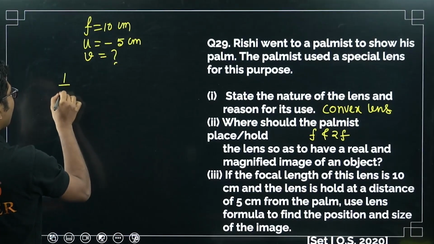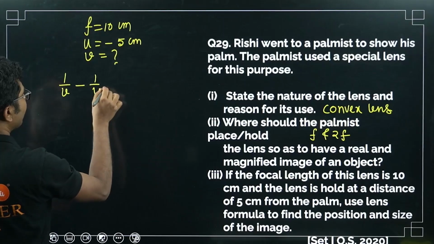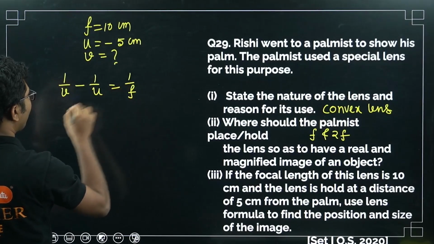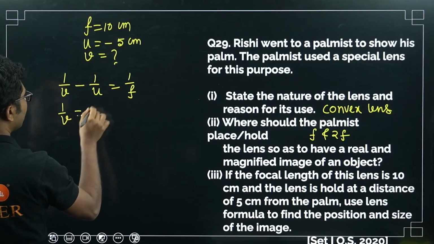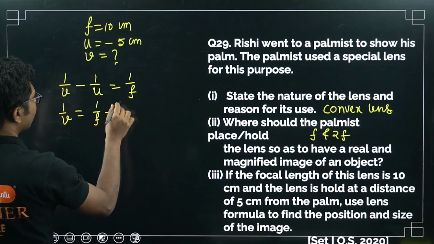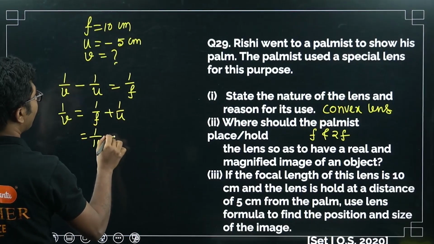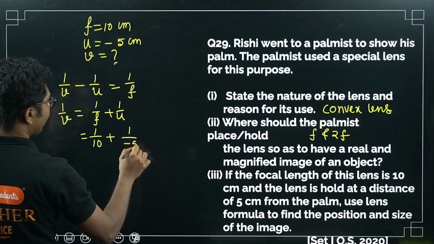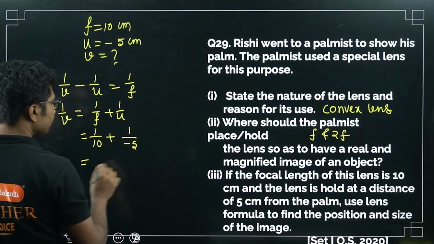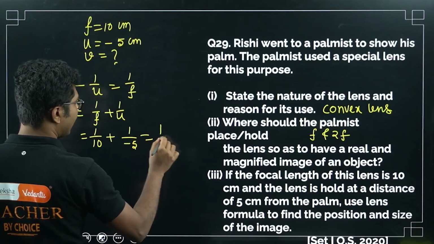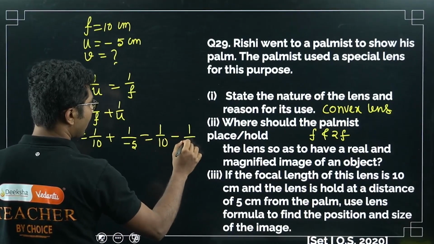Okay, 1 by v minus 1 by u equals 1 by f, or 1 by v equals 1 by f plus 1 by u. Okay, now put the values. 1 by 10 plus 1 by minus 5, so it will be 1 by 10 minus 1 by 5.